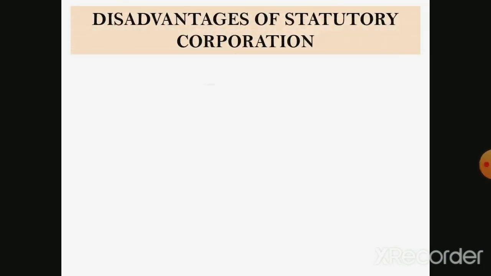So the first disadvantage is autonomy on paper only, which means the government's dependency in public corporation is only on paper. Practically, the ministers, governments, and the political parties interfere with the working of these companies.